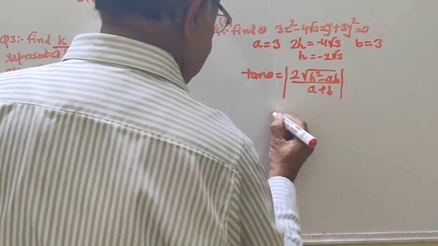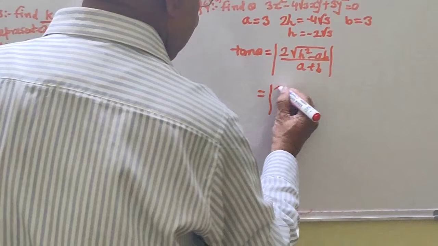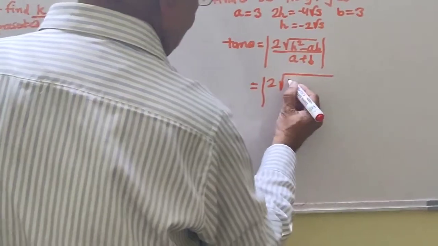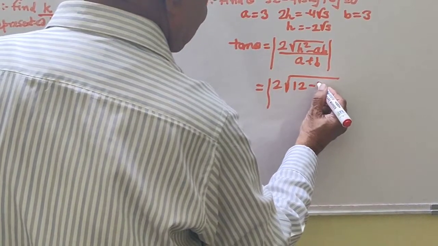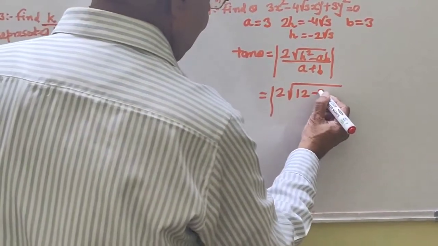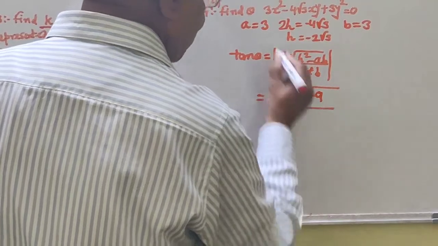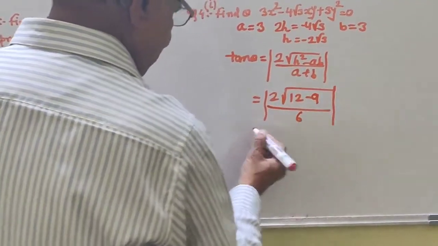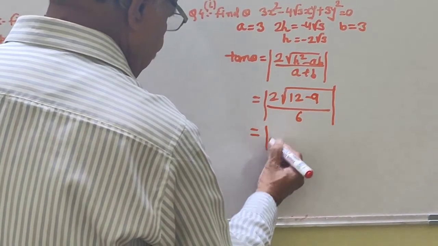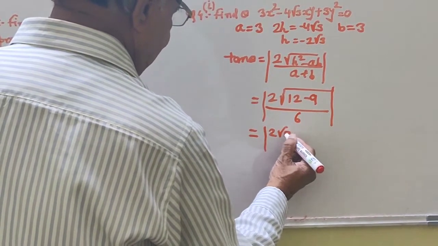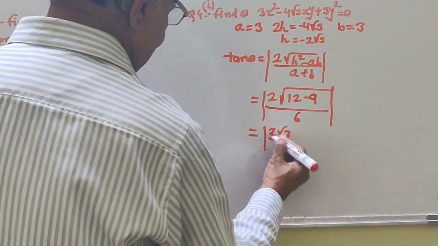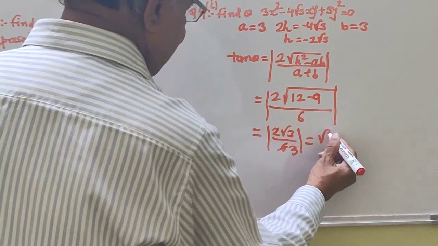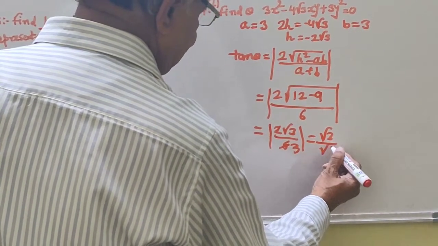Now I will substitute the values. What will I get? 2. What is the value of h square? 4 3s are 12. Okay. Now minus a into b is 9. Okay. Now a plus b is 6. Okay. Now what will come here? 2 under root of 3 upon 6. Now I can cancel this with this. Now this 3 can be written as root 3 into root 3.